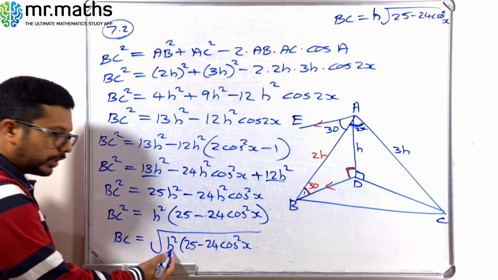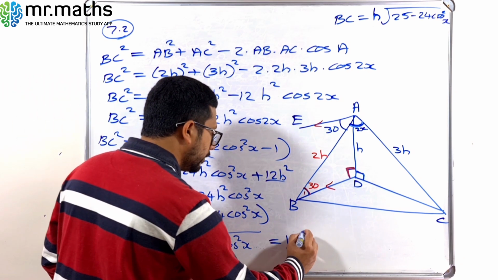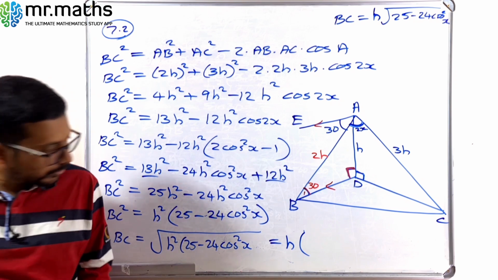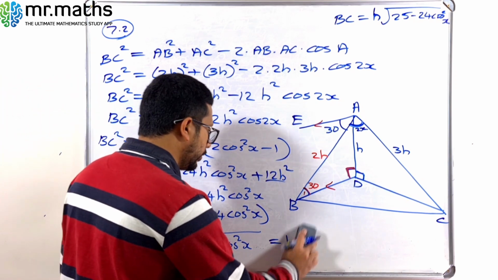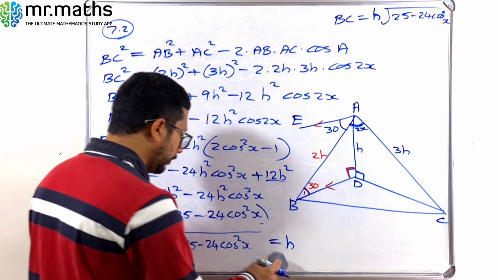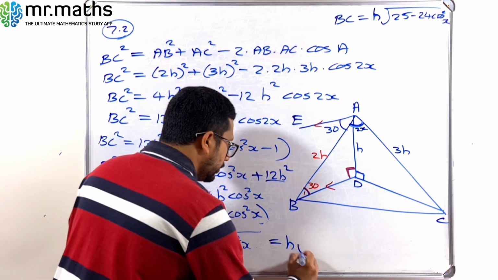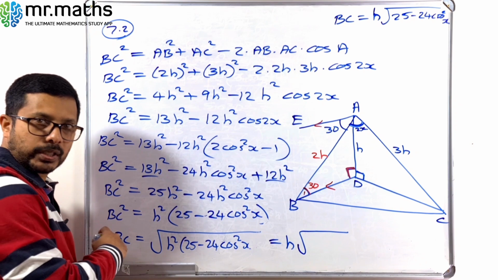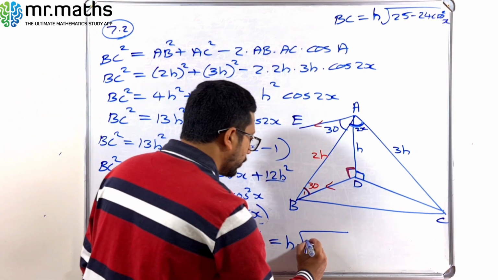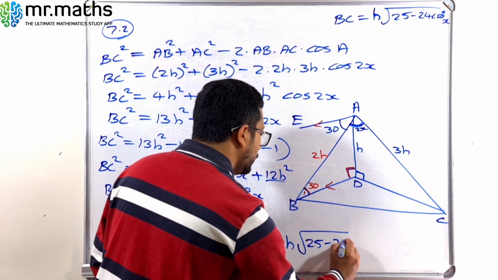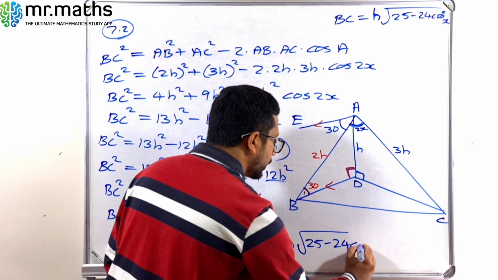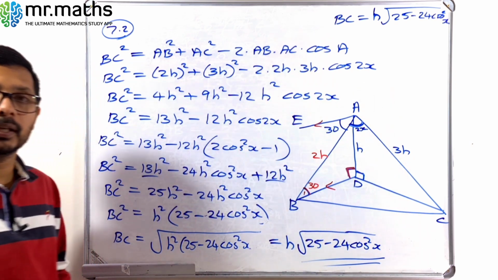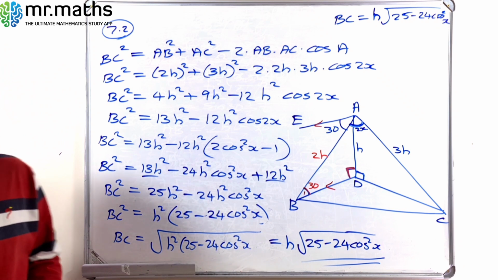Root of h squared is h, so I took it outside, and the remaining is the square root of 25 minus 24 cos squared x. That is what we wanted to prove. So that is question number 7.2.